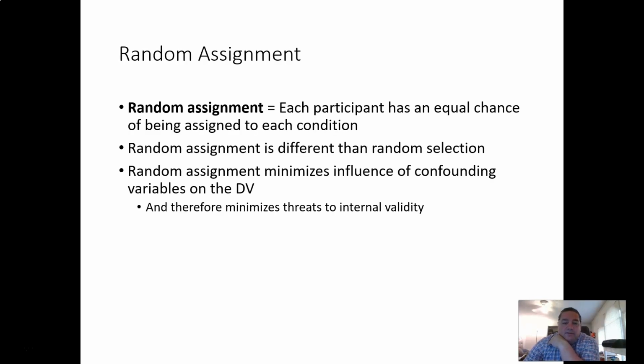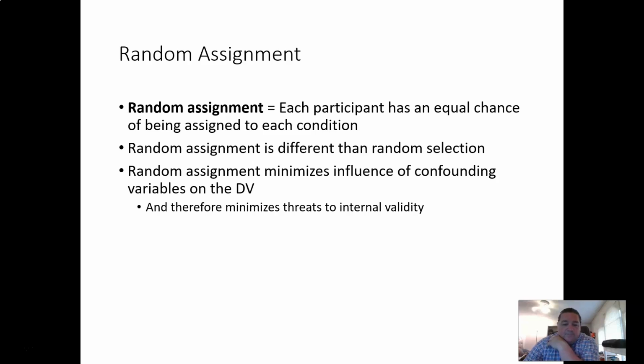So random assignment is what makes it a possibility of an experiment. Random assignment means that each participant has an equal chance of being assigned to each condition. Random assignment is different than random selection. Random assignment minimizes the influence of confounding variables on the dependent variable, and therefore minimizes threats to internal validity.